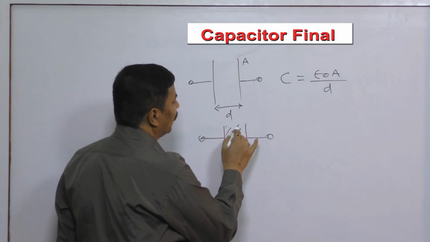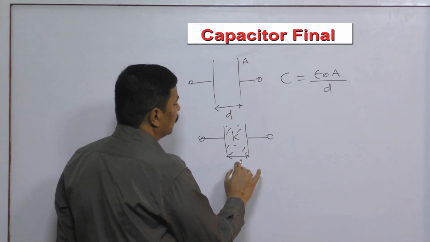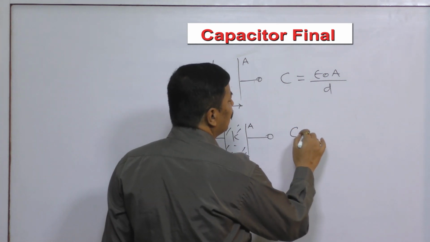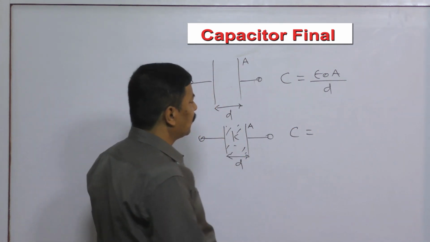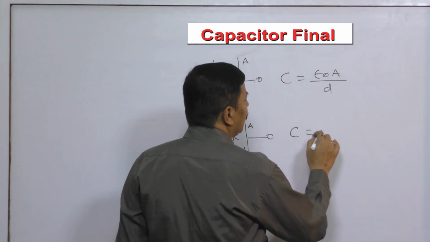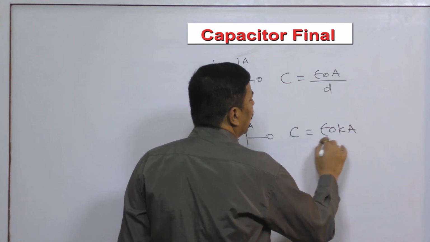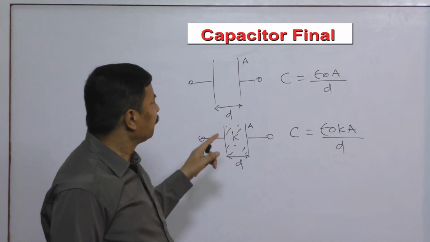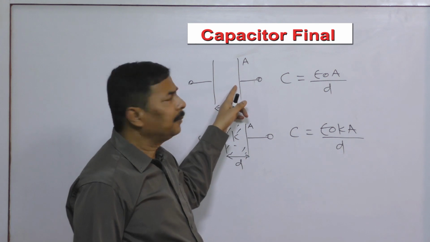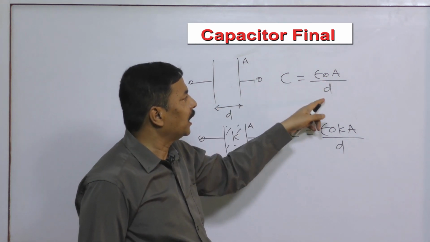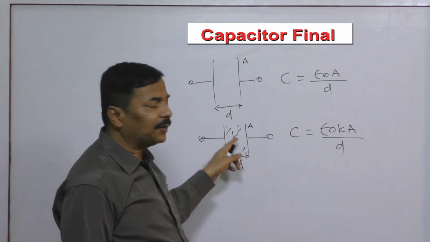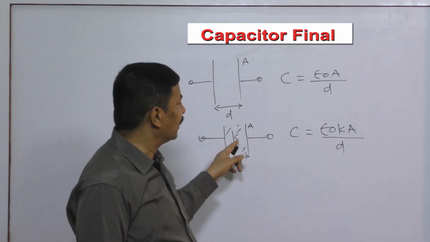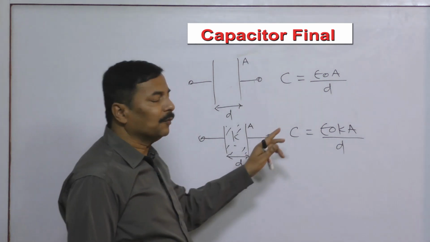In between the plates the dielectric is filled, the distance remains the same D, and plate area remains the same A. In this situation the capacitance of the same parallel plate capacitor will be epsilon naught K A by D. So this we already know: this is the capacitor with air between the plates, which has the capacitance epsilon naught A by D, and this is the capacitance of the same capacitor when the space between the two plates is filled with dielectric having dielectric constant K. So this thing we already know.